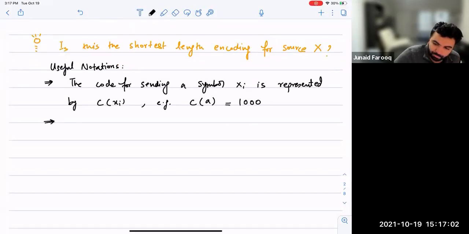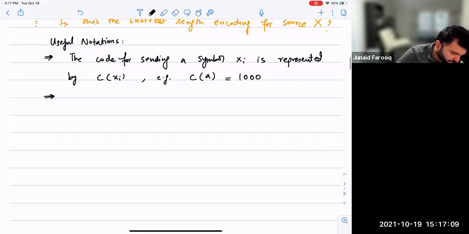Then if you concatenate a few code words, what we can call it is something known as an extended code.